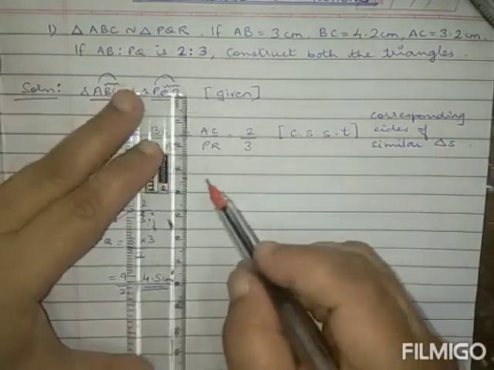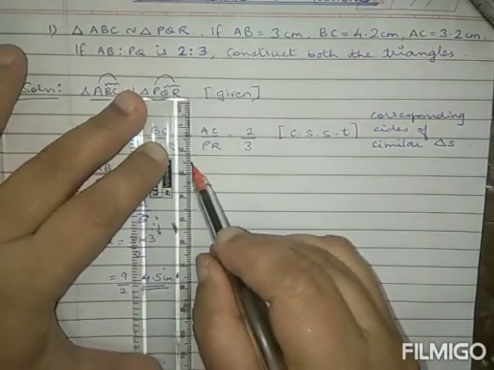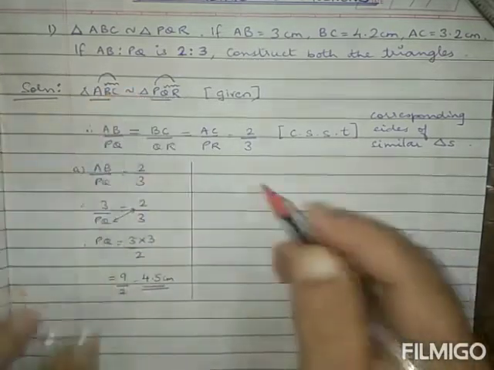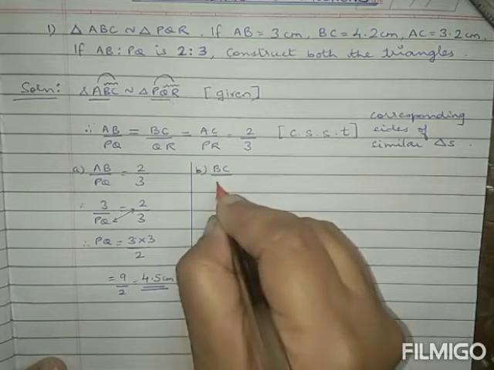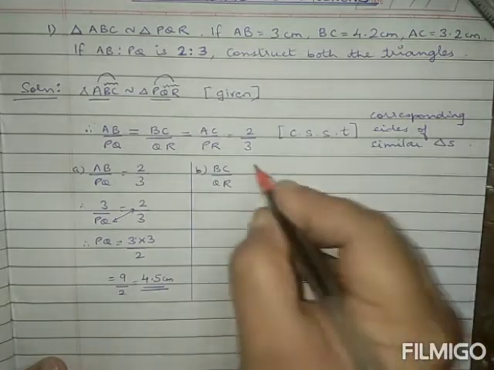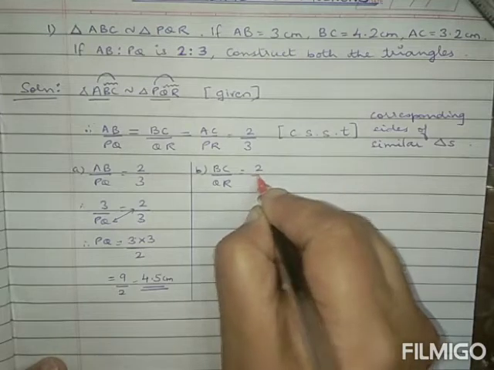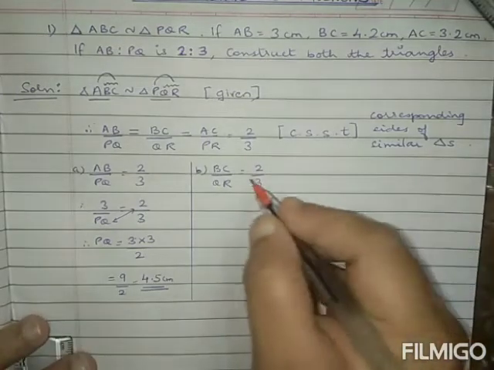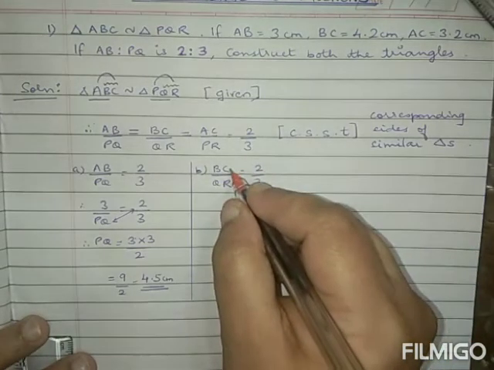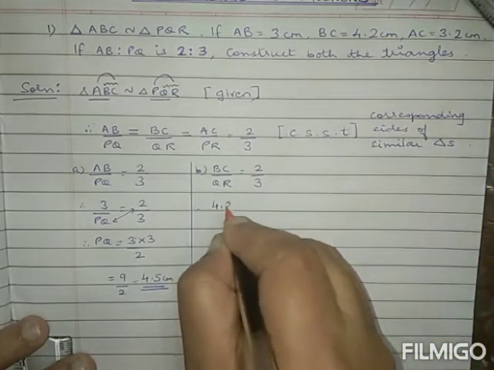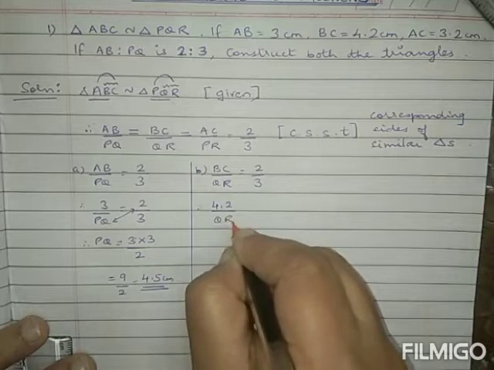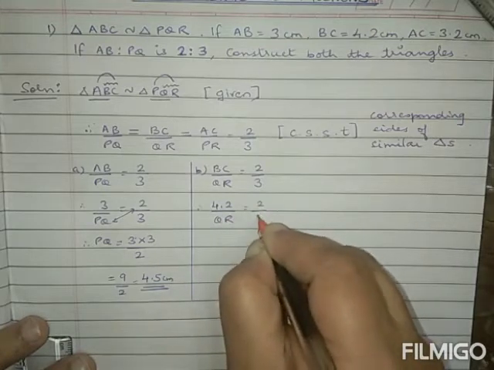After this first part, let us solve the second part. What is the B part now? BC upon QR. Again, it is equal to 2/3. We will substitute in the same manner. How much is BC? 4.2. 4.2/QR is equal to 2/3.